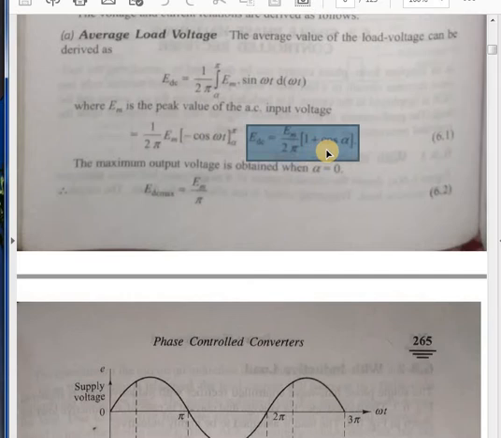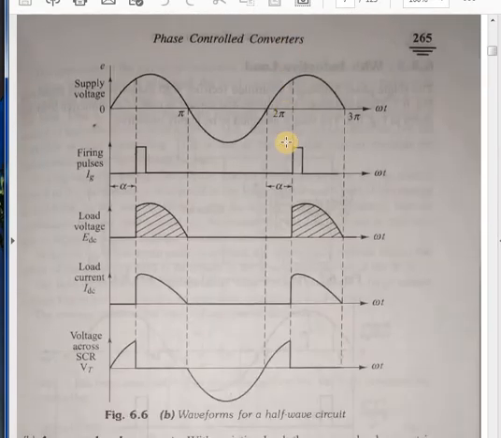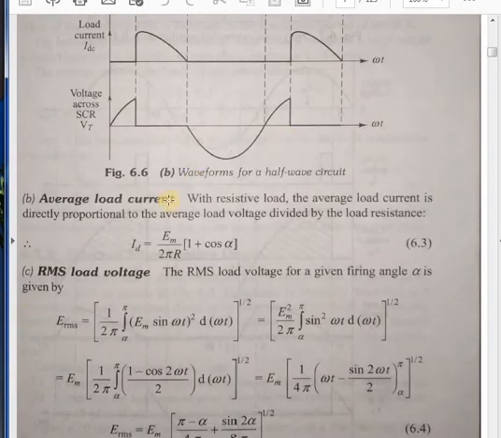Em by 2 pi into (1 plus cos alpha) will be considered for the single phase half wave rectifier with R load, and EDC max is obtained when alpha is 0. So cos 0 is equal to 1, this 2 and this 2 get cancelled, and Em by pi will be your maximum output voltage obtained.